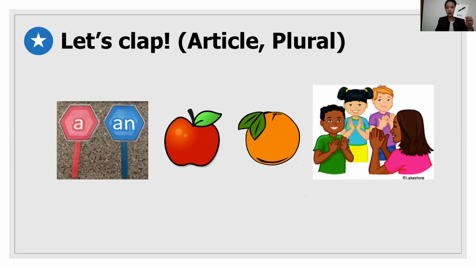What do you need? A pen, like this. What about hand? A hand, right? What about elephant? Yes, an elephant. So visual learners will find these kinds of sticks and the cards helpful.